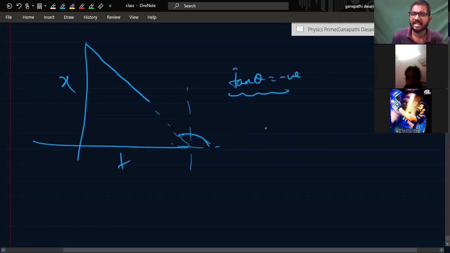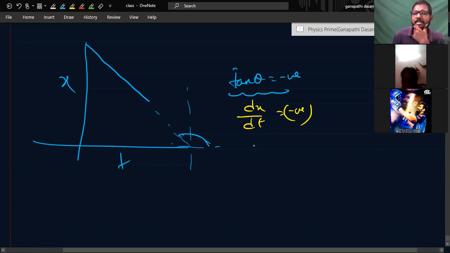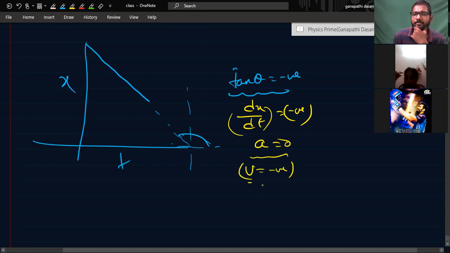If tan theta is negative, the slope dx by dt is negative. Negative velocity. Then acceleration is equal to 0 here because it's a straight line, the slope is constant, and the rate of change of slope is 0. So this velocity is negative here, but constant.